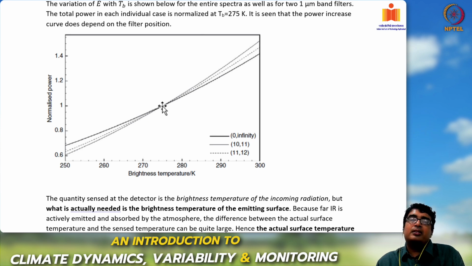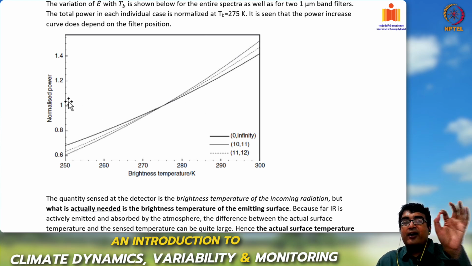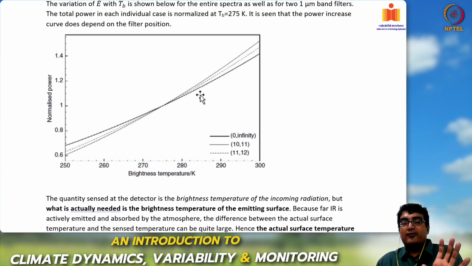Say 5 watts is coming at 275 kelvin. Suppose at 288 kelvin it is 5.5 watts for that unfiltered band. Then the value here is 5.5 by 5, so basically 1.1. So 1.1 is the y-axis value and the x-axis value is 280 or 285. That is how this is being measured.